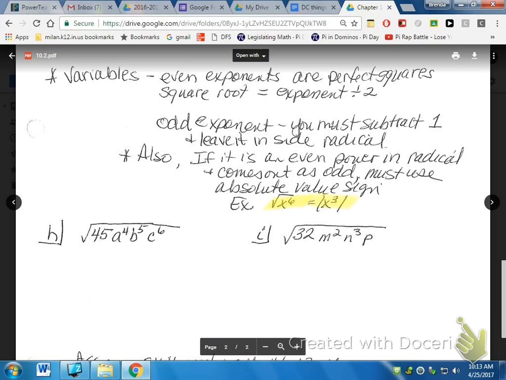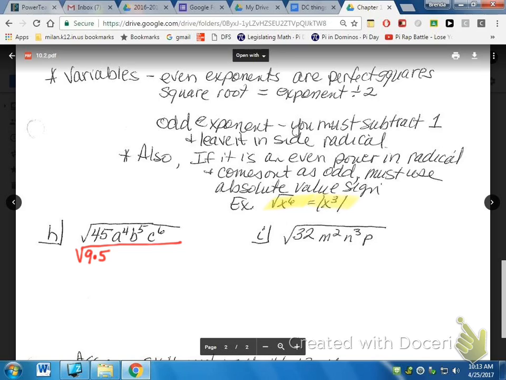Okay, so here's the deal. Example H, radical 45, a to the 4th, b to the 5th, c to the 6th. You take everything and break it apart as far as perfect squares are concerned. 45 breaks into the factors 9 times 5.